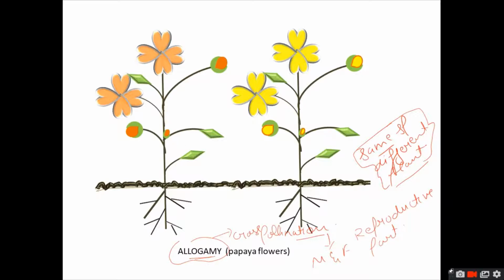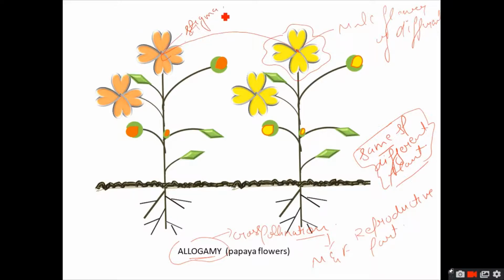What is more common in this type of pollination is that the varieties can vary. Here we can see a yellow flower of the same type of species. Suppose this is a male flower of a different plant, and the anther of this flower will get transmitted to the stigma of this flower, which is of a different color.